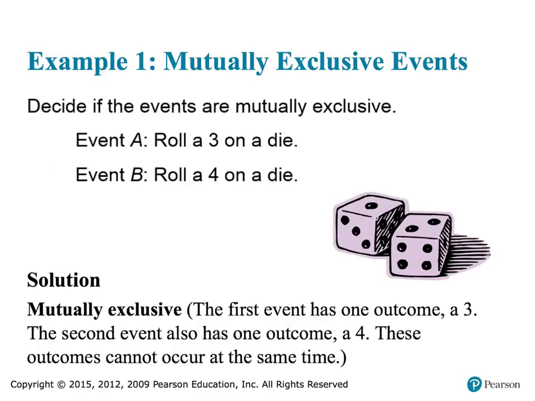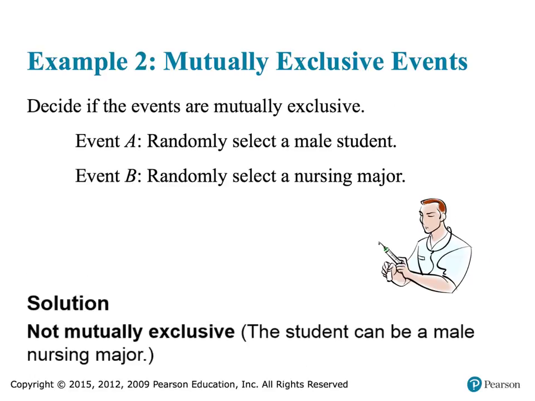Say you're going to roll a die, and you define event A to be that you roll a 3, and you define event B to be that you roll a 4. Well, you can't roll a die once and have the outcome be both a 3 and a 4. Therefore, those events are mutually exclusive. Say we define event A to be that you select a student randomly, and that student is a male.